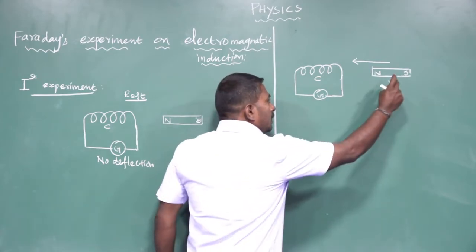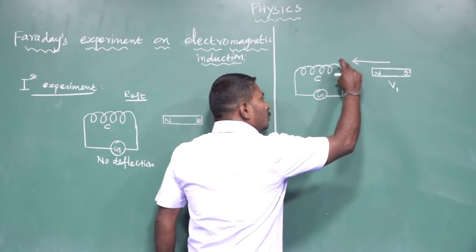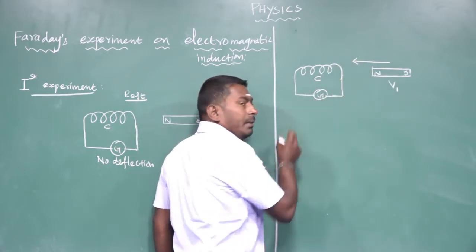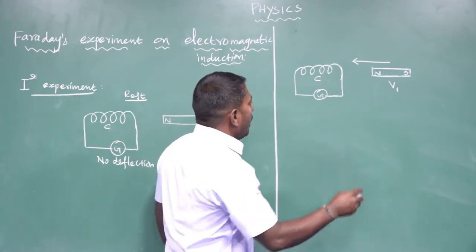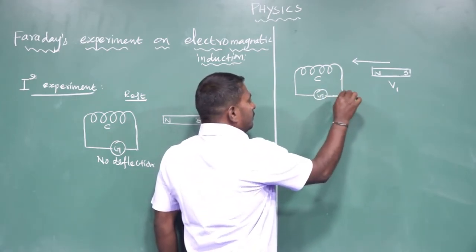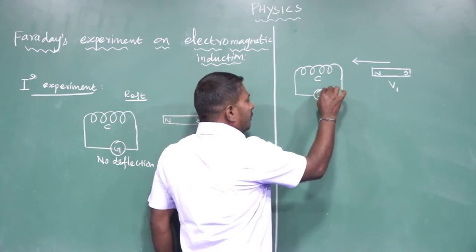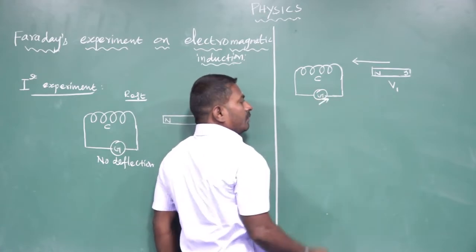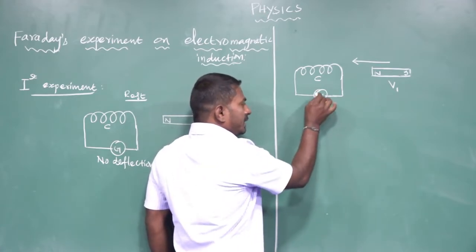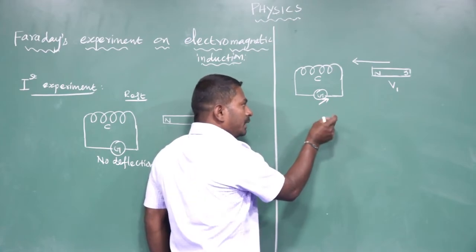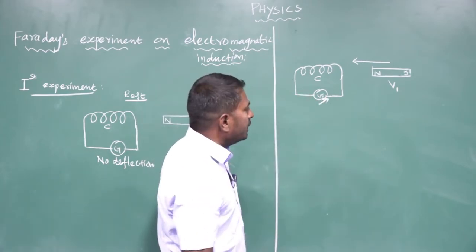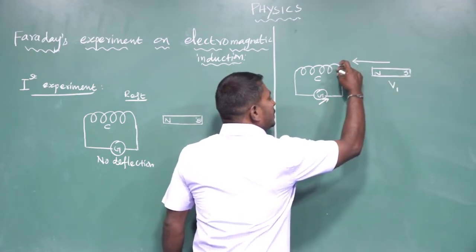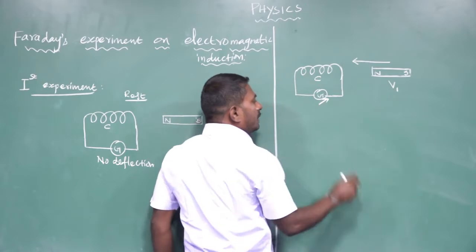During the movement of the bar magnet towards the stationary closed circuit, the galvanometer shows a momentary deflection. The important thing is that the galvanometer shows a momentary deflection when the north pole of the bar magnet moves towards the stationary closed circuit.